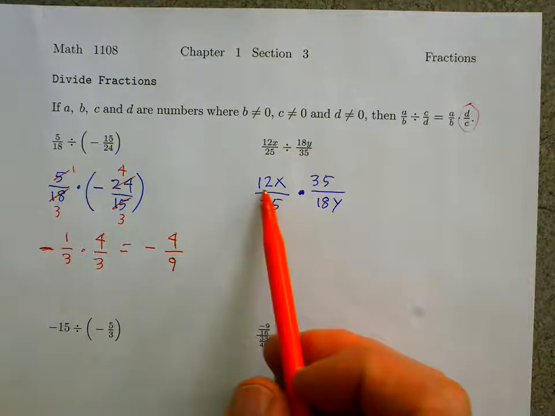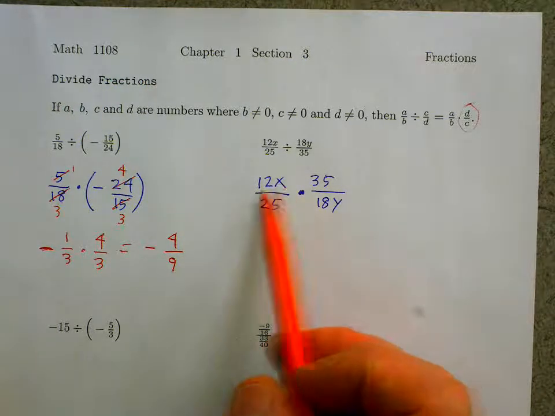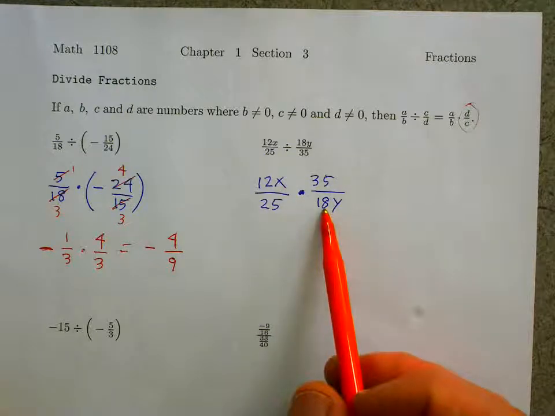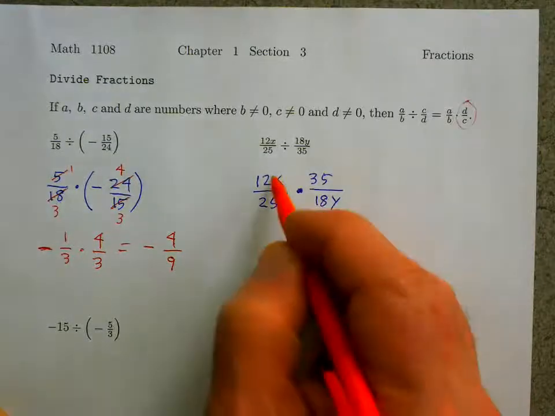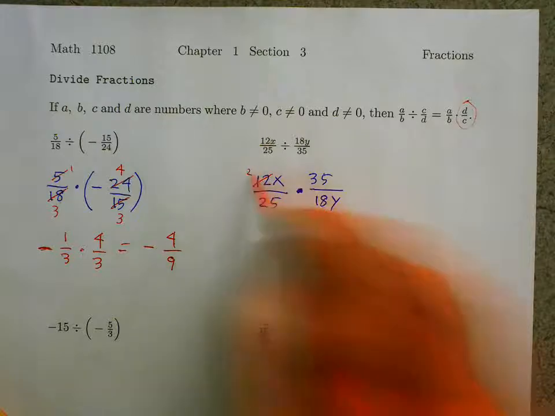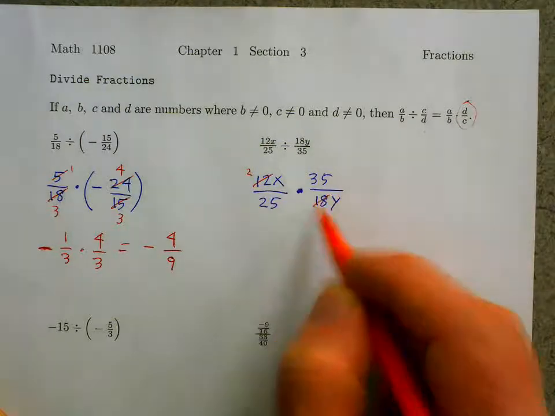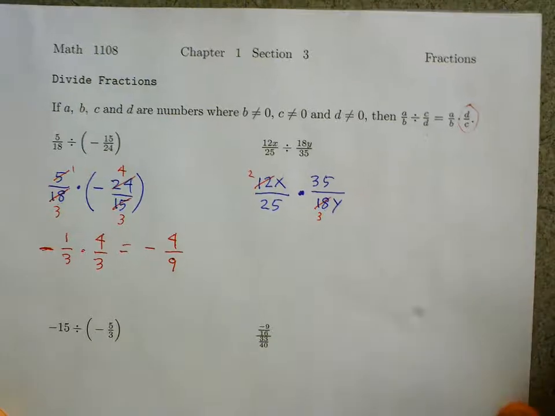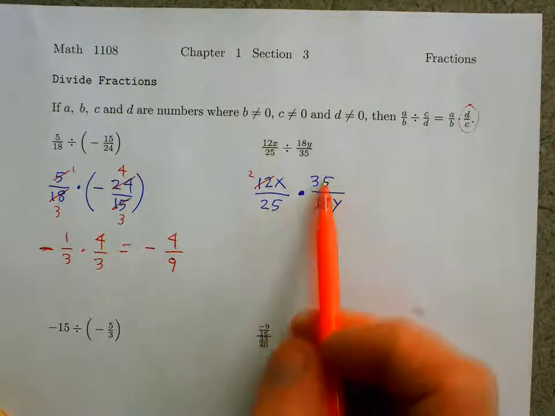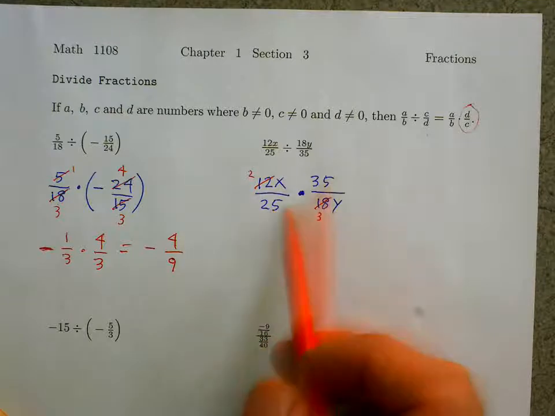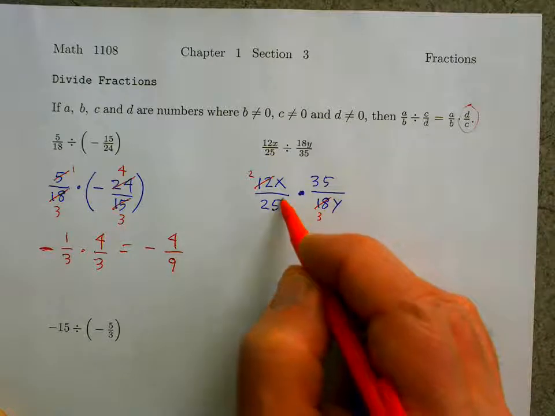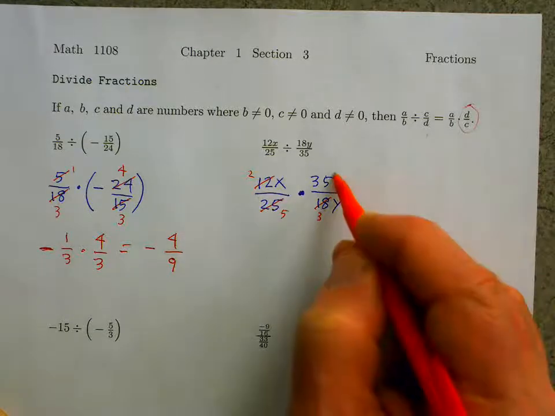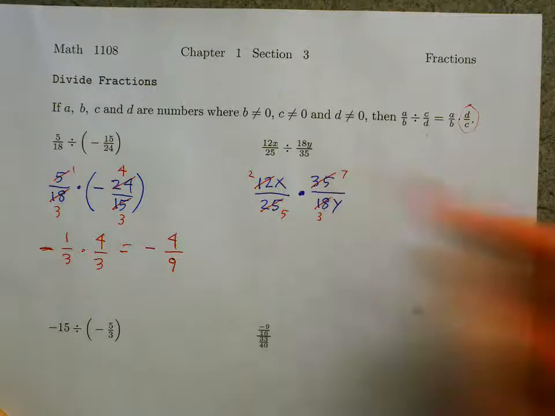So in this numerator, we have 12x. In this denominator, we have 18y. 6 is a common factor of 12 and 18. 6 goes into 12 twice. 6 goes into 18 3 times. And then look at the other pair of the denominator and numerator, 25 and 35. 5 goes into 25 5 times. 5 goes into 35 7 times.